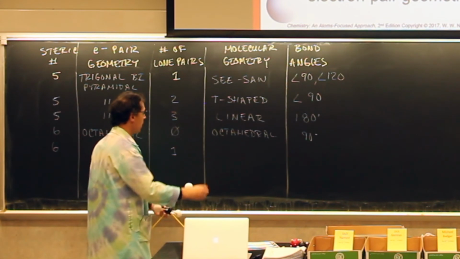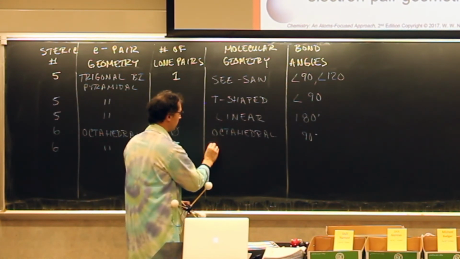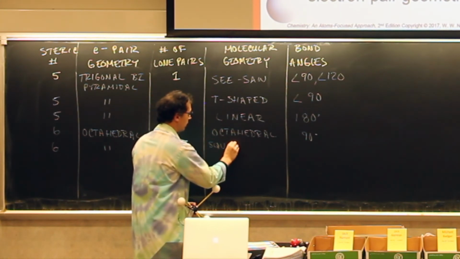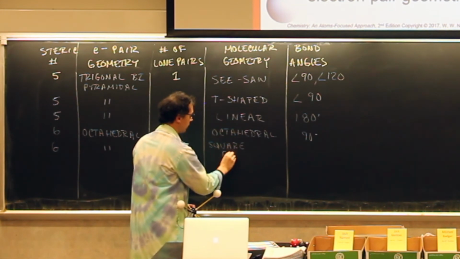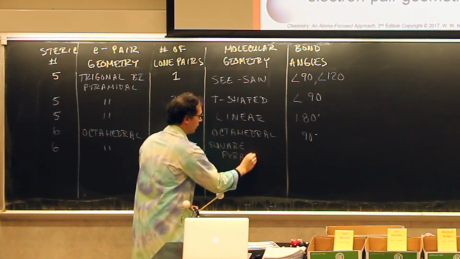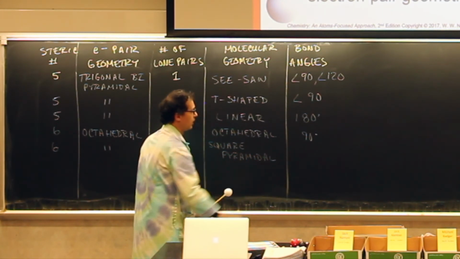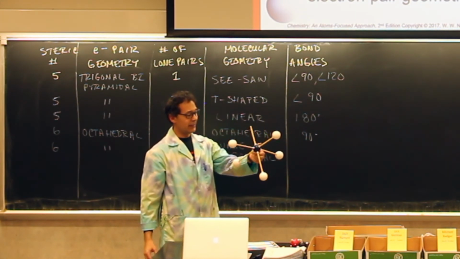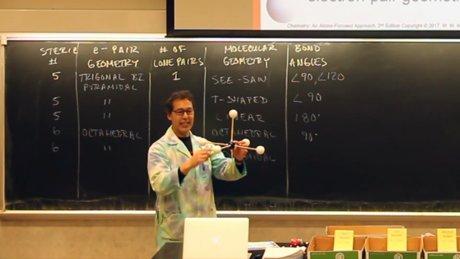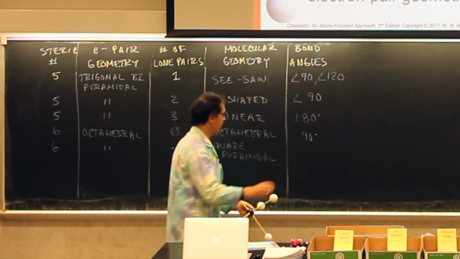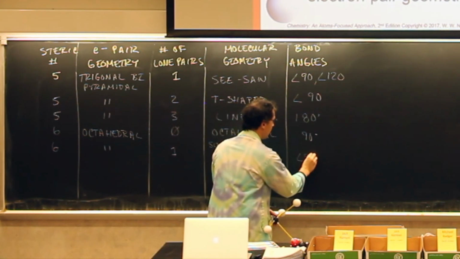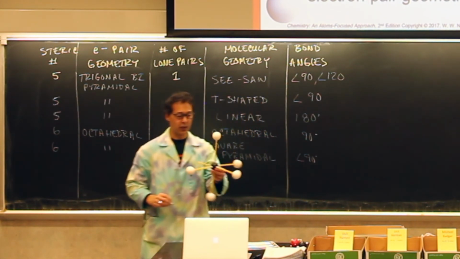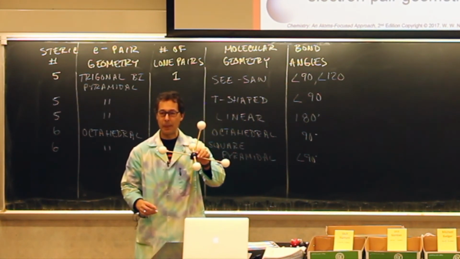We're going to call this square pyramidal. And our bond angles, we'd expect these to be 90, but we've got a lone pair on there, so we go less than 90 degrees. They're going to get squished a little bit.